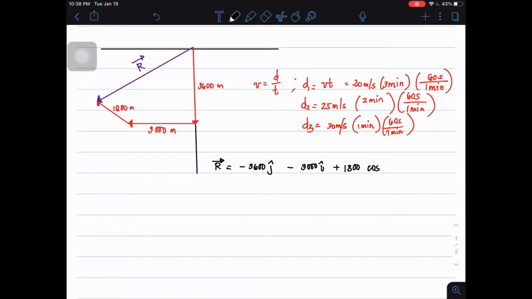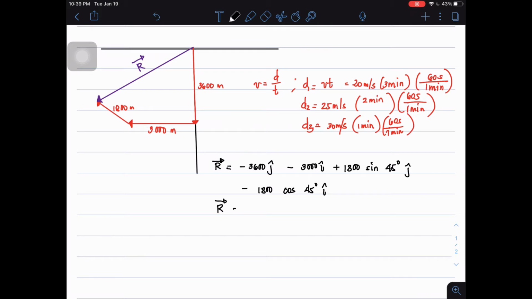And then for the third one, we have 1800 cosine 45 degrees j hat minus 1800 sine 45 degrees. Actually, the other one is sine and this one must be cosine because that's i hat. Anyway, they have the same value, so it's not gonna give a wrong answer.